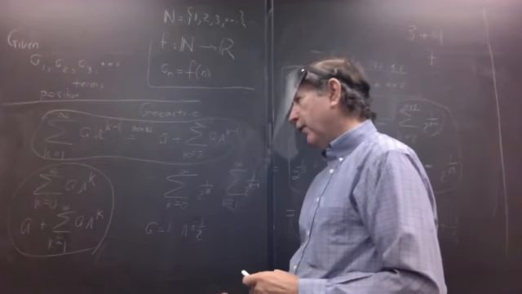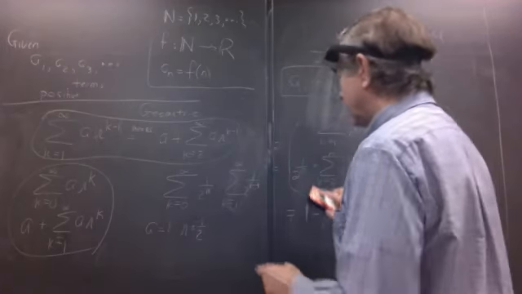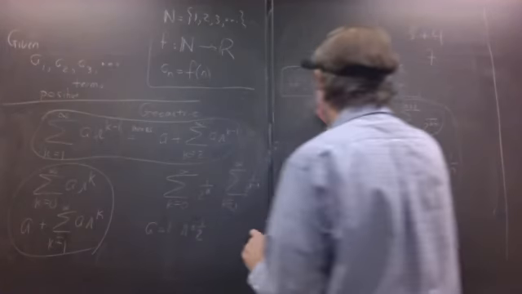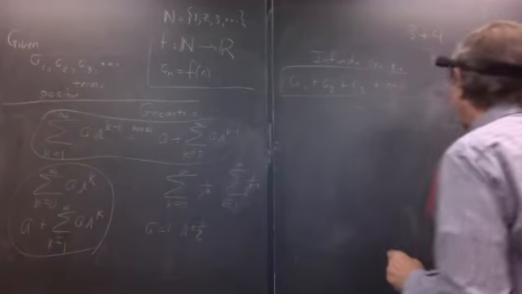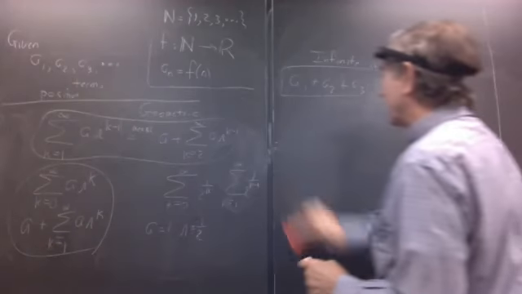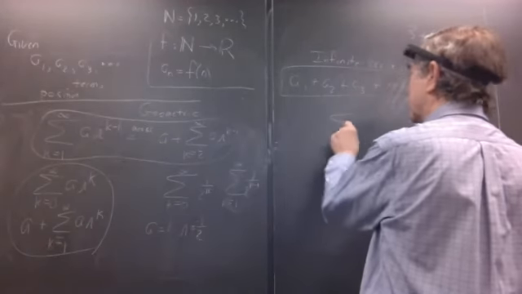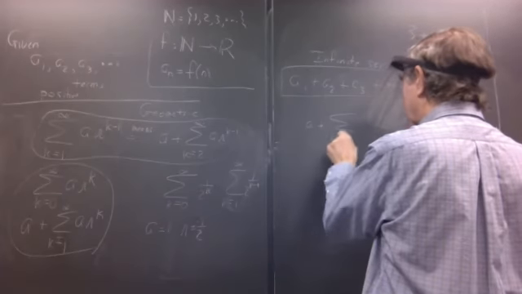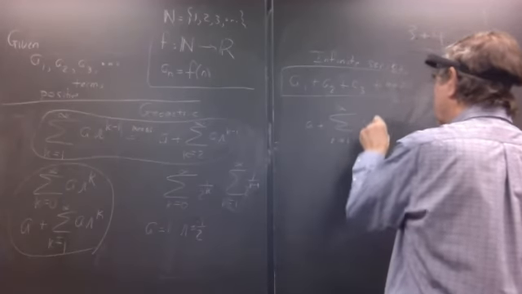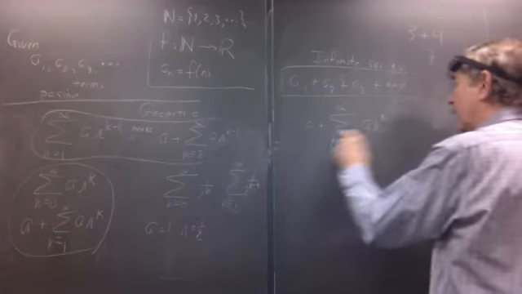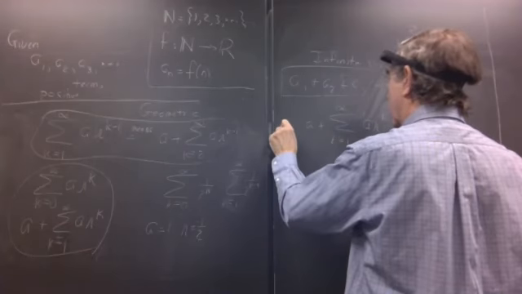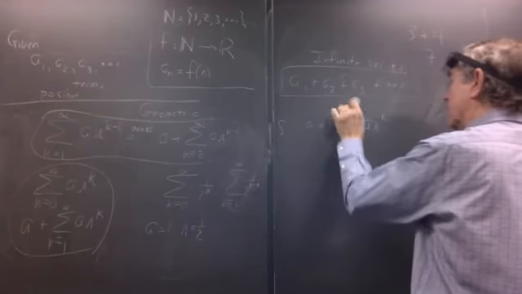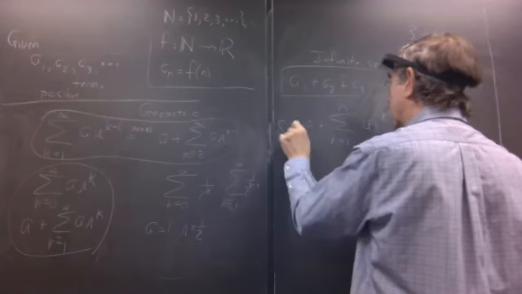Now, instead of doing something with a half here, what we do is play the same game I just played with the series a plus the sum from k equals 1 to infinity of ar to the k, and we call that s, and I'm going to change this to n. Sn is this.